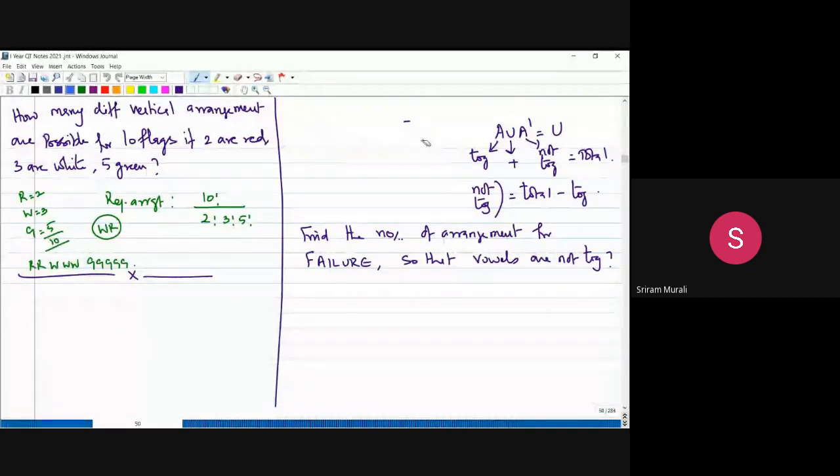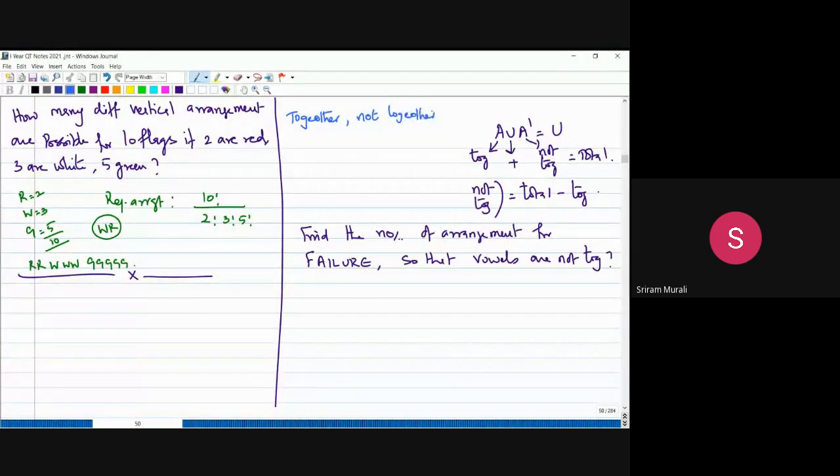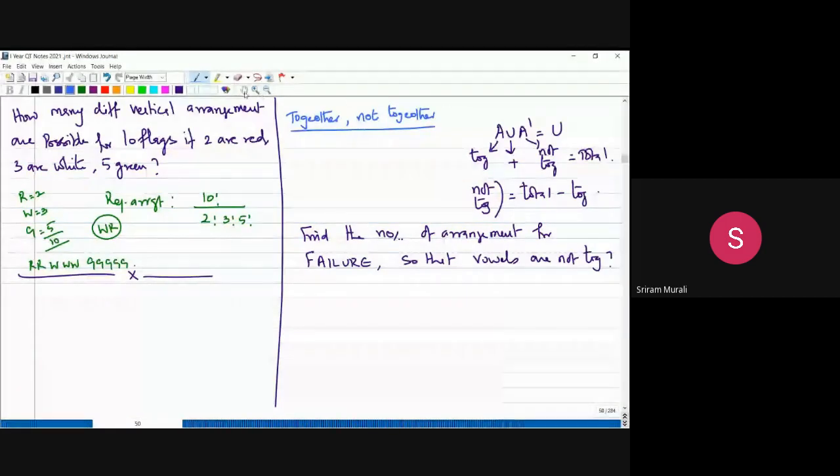This is one such, that is together and not together. What does it mean? When you arrange a few particles, it consists of occurrence and non-occurrence. So occurrence is A, non-occurrence is A bar. Total is the universal set. This you have learned in set theory.